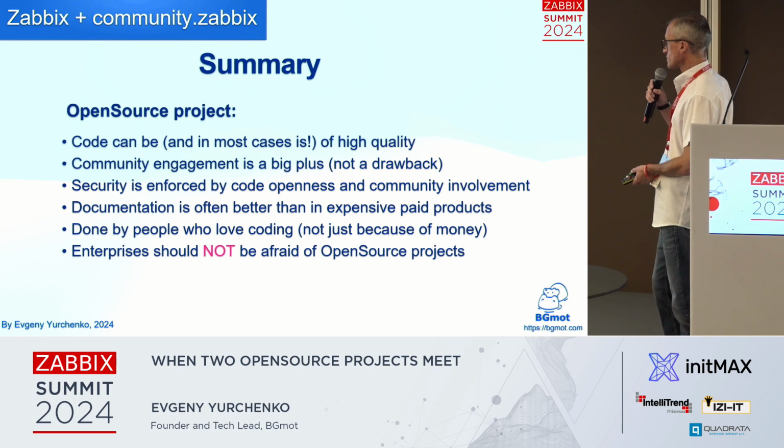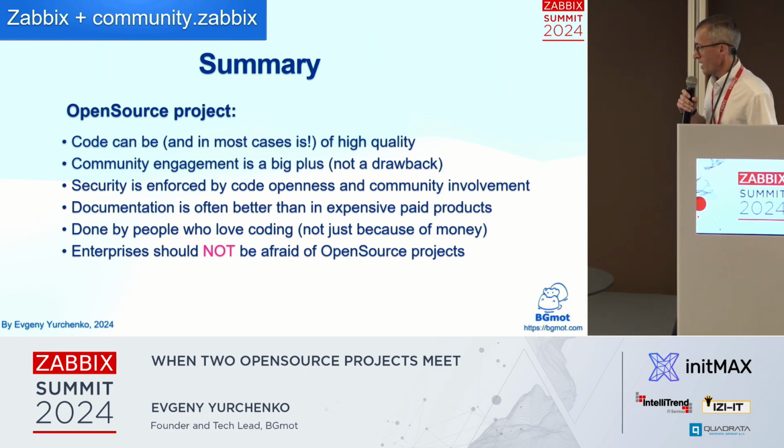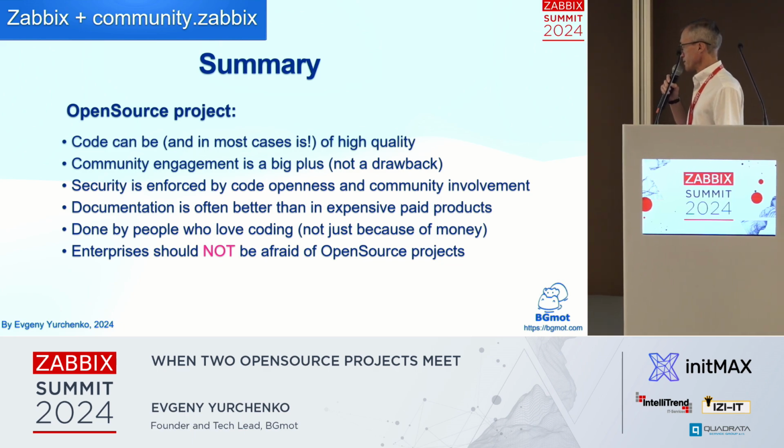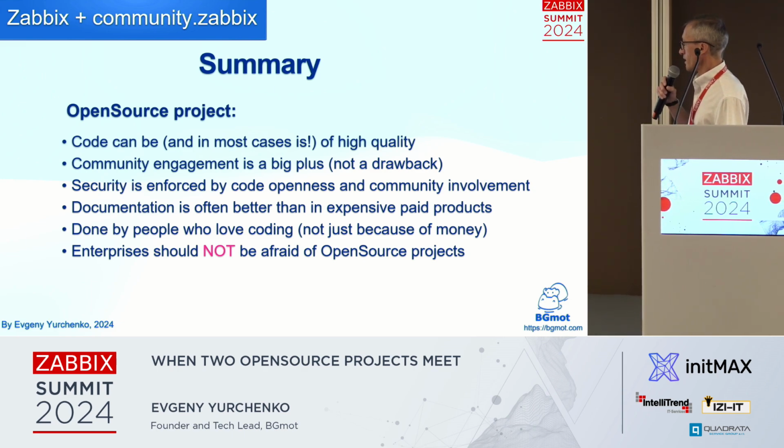Summary. What we can say is that the code of open source is actually of very high quality. Community engagement is a very big plus. It's not a drawback. It's very nice that lots of different people contribute to this project. They do it not for money, just because they're interested in this. Security is enforced. No comments here, it's already a fact.